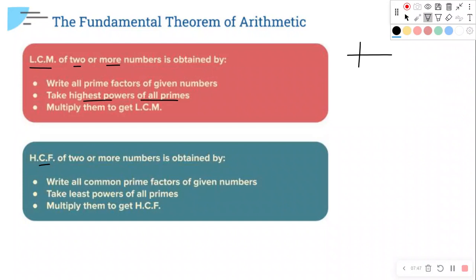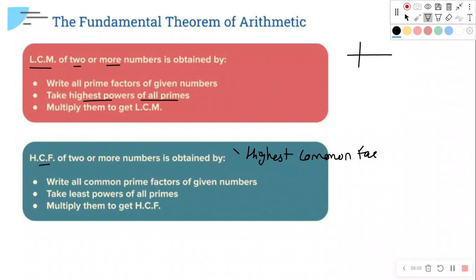Now comes the HCF. HCF of two or more numbers is obtained by what steps? HCF is the highest common factor.